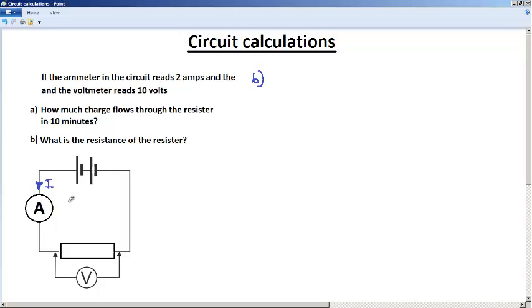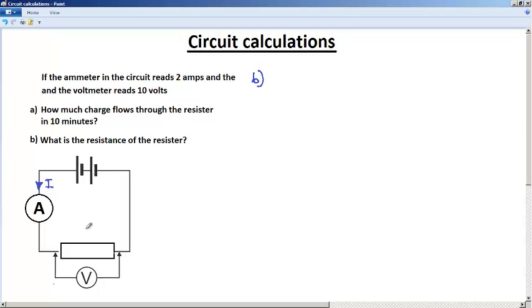Now we've got to think about what equation or expression do I need. Well, clearly we're looking here at Ohm's law, because Ohm's law is an expression that relates the resistance of a resistor to the current flowing through it and the electrical potential difference across it.